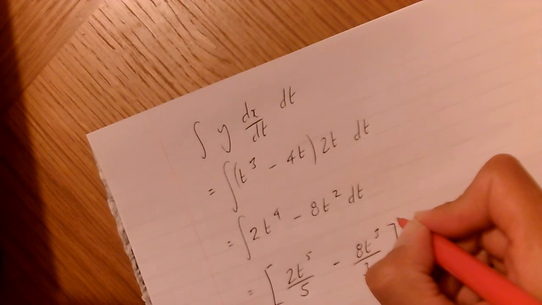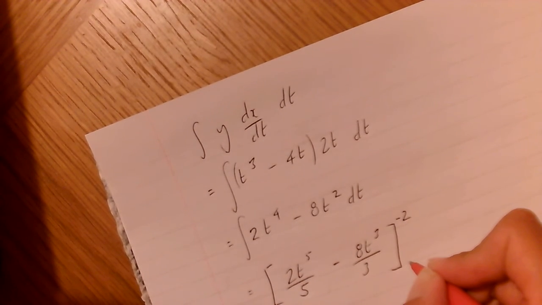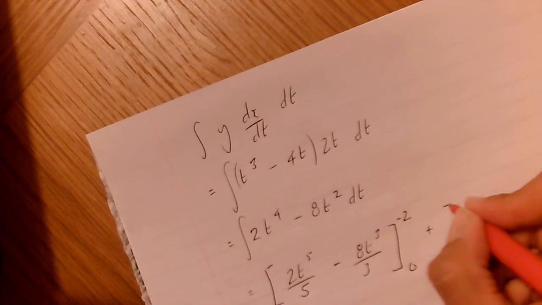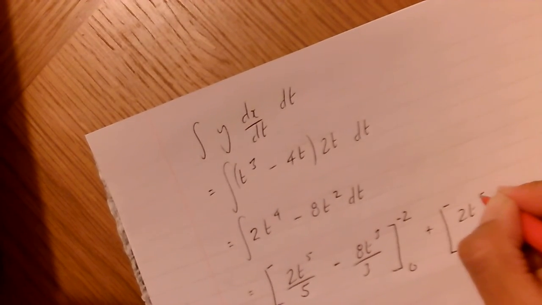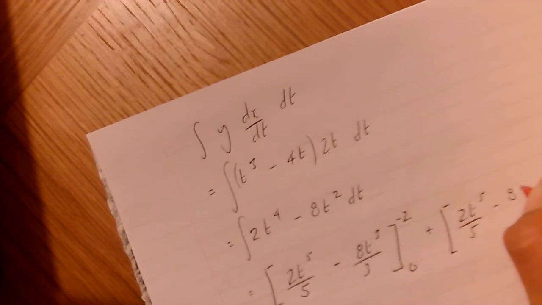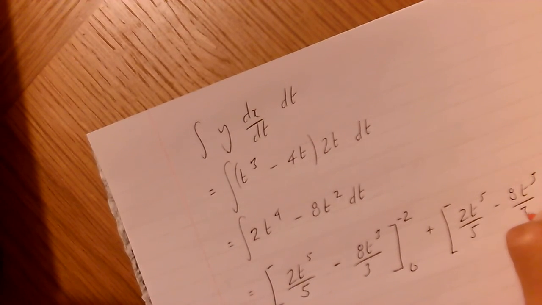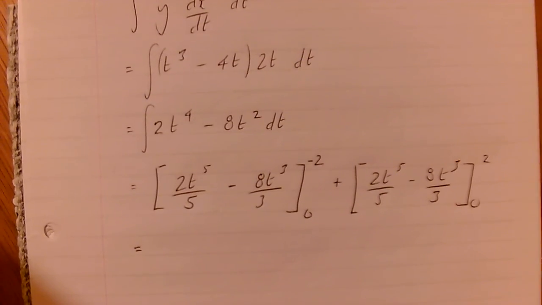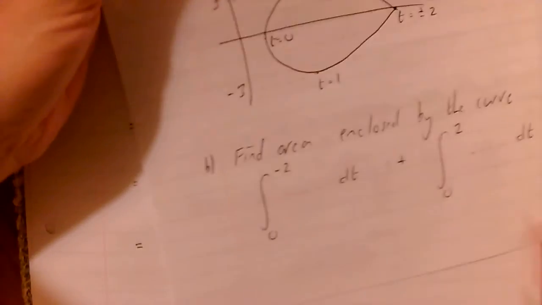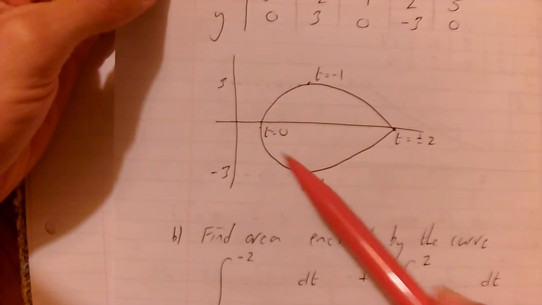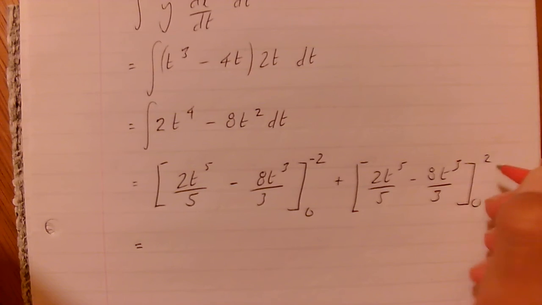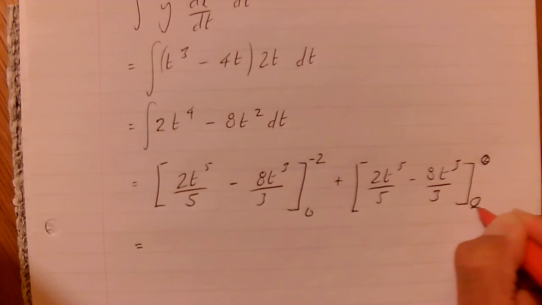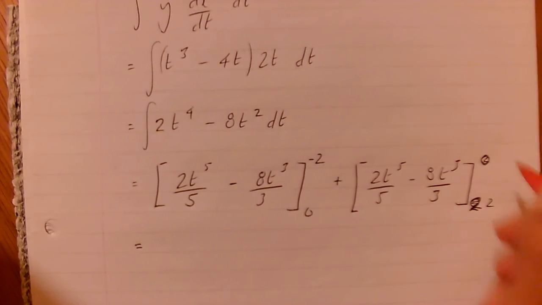And then I'm going to say between -2 and 0, and then I'm going to rewrite it again as 2t to the 5 over 5 minus 8t cubed over 3 between 2 and 0. Sorry, I caught the camera. Slight error on my part. Because this bit here, between the positive t values is underneath the curve, this should actually be the 0 just here, and this should be the 2. Sorry, let's just cross that out and do that better.